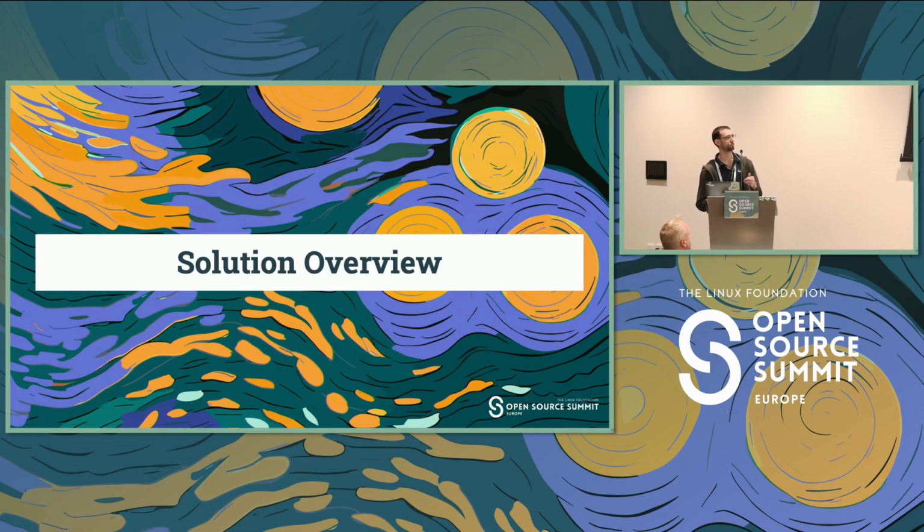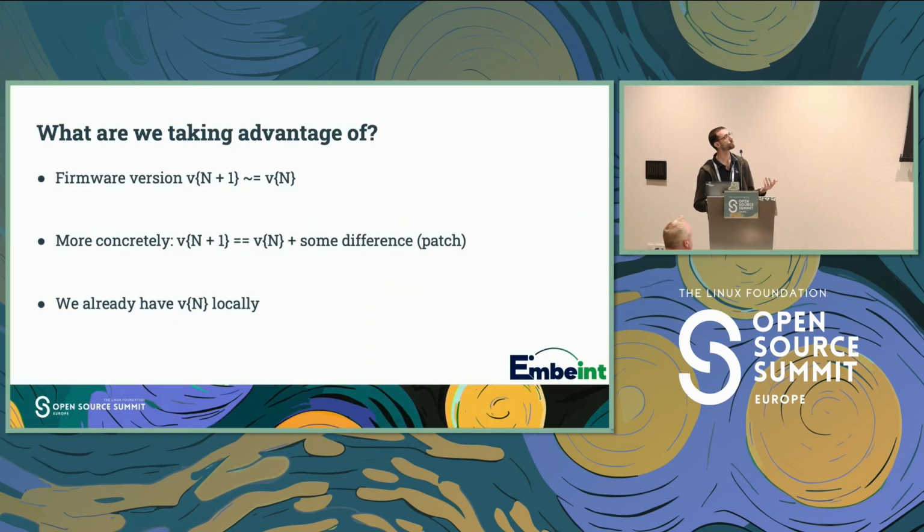So what does a solution like this look like? What we're taking advantage of is that for any firmware version n+1, it's going to look very similar to version n. There are going to be some small changes, your bug fix, your security fix, whatever it is. More concretely, but still not mathematically correct, you have vn+1 equals vn plus some small difference.